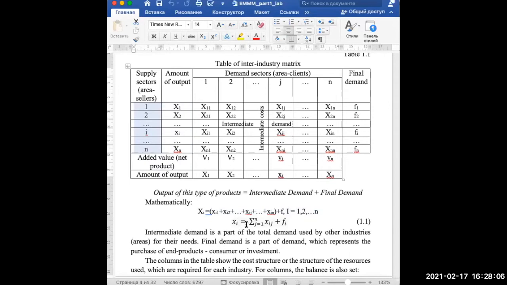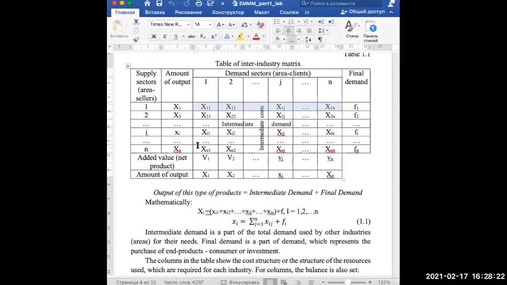We can find the sum of what? Of products which we deliver to other branches plus how many products we deliver to final consumers.